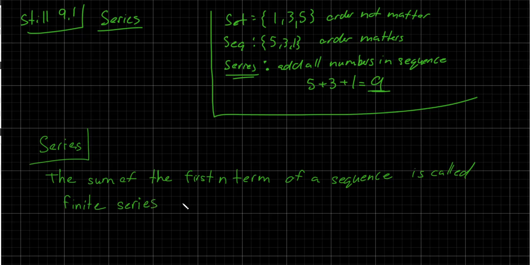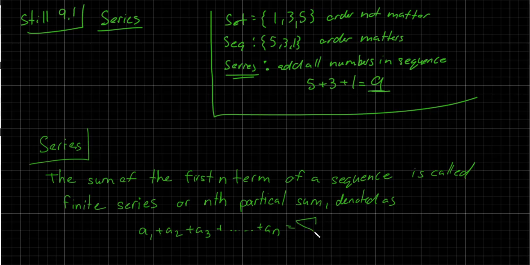Finite series, or n partial sums. Two different words for it, but it's denoted as a1 plus a2 plus a3 all the way to whatever our a of n is, which if we write it nice and neat, we have our n up top, our i equals 1 on the bottom, and this is just a of i. That is a finite series.